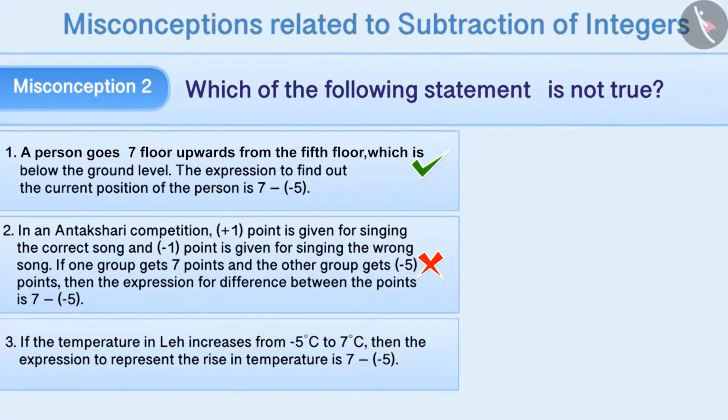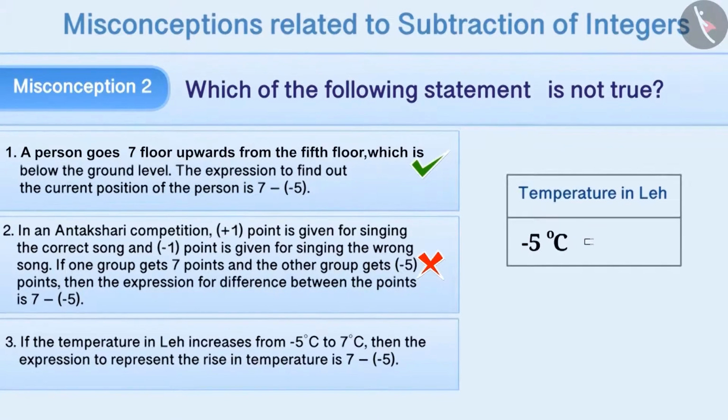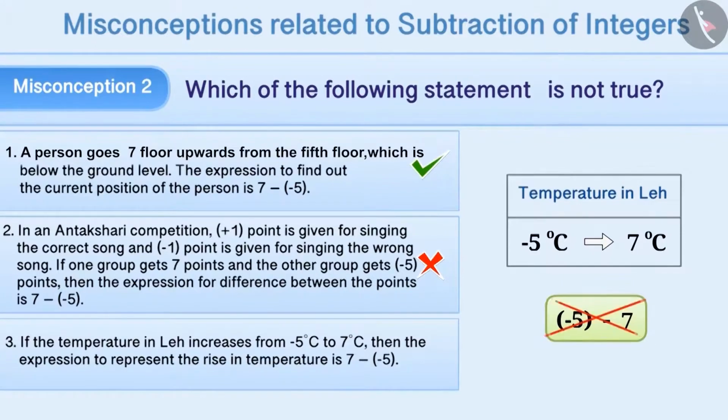The third statement says that the temperature rises from -5 degrees centigrade to 7 degrees centigrade. Sometimes, to find out the increase in temperature, the second number is subtracted from the first number. This is also a misunderstanding. Similarly, sometimes students understand that to find out the increase, the initial temperature is subtracted from the final temperature, but they simply ignore the signs.